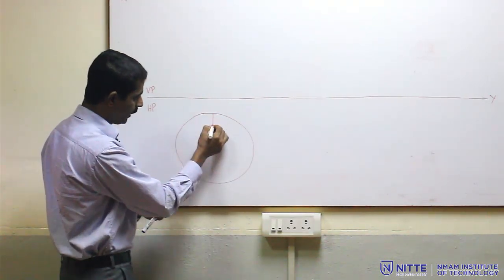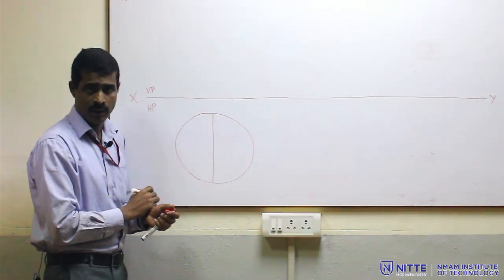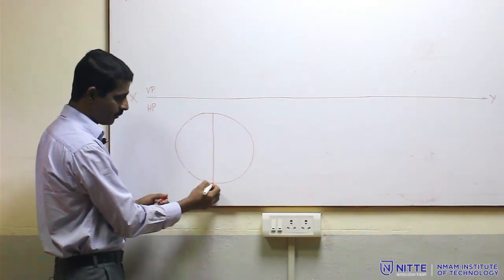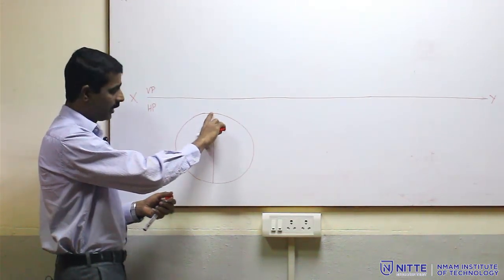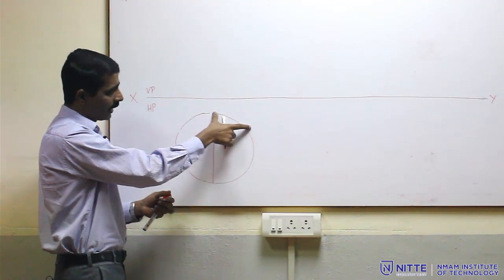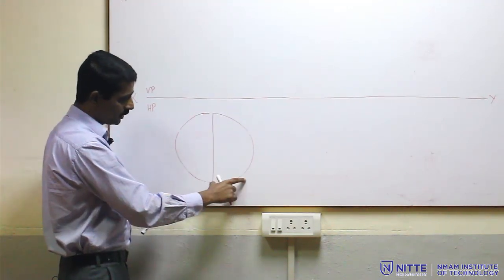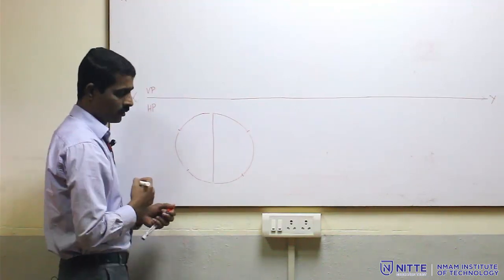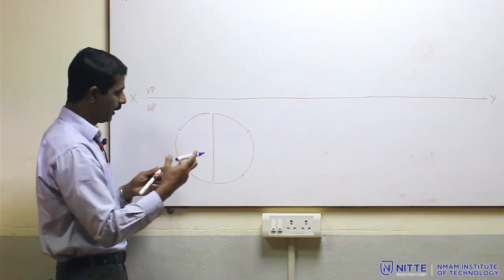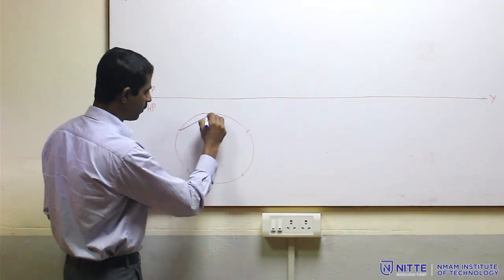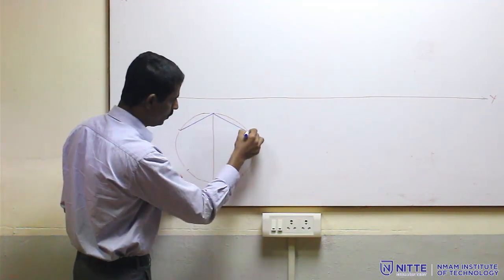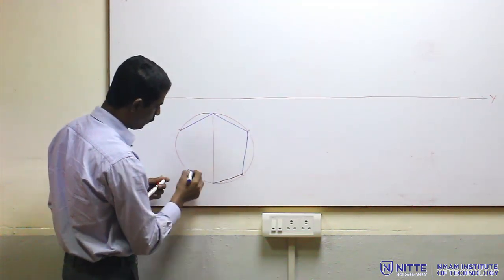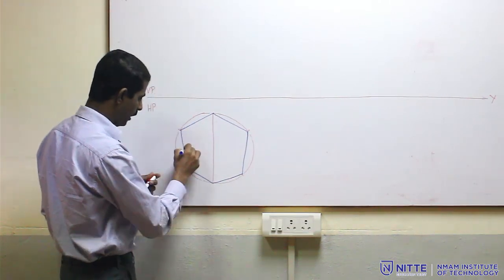So, let me draw a vertical diameter here, and from these 2 points I will measure the radius and cut both sides from this point, both sides from this point. So, I get 4 points here, and now I can obtain a hexagon at edge condition: 1, 2, 3, 4, 5 and 6.